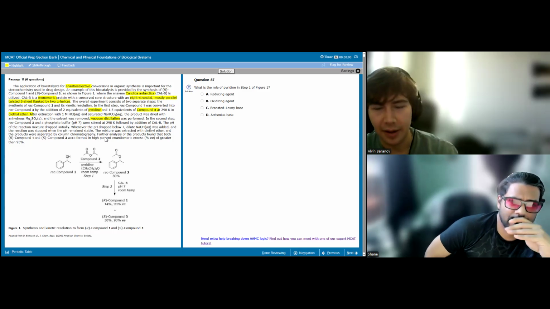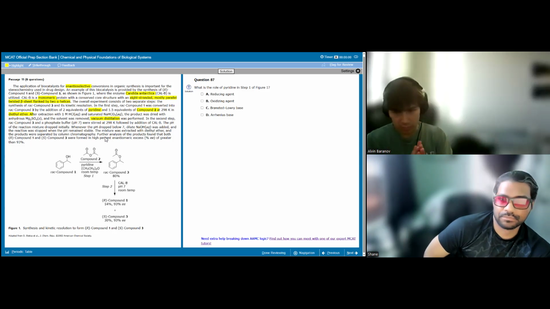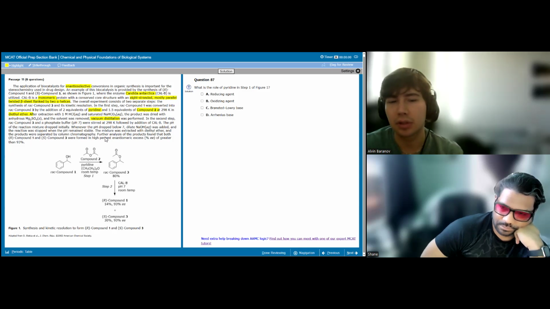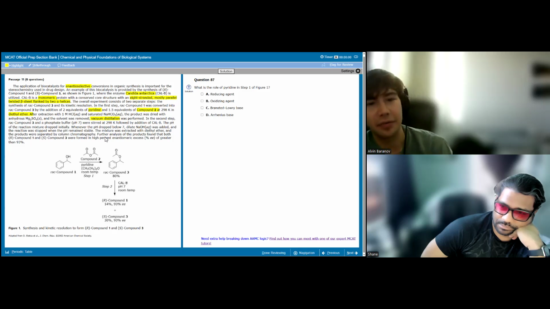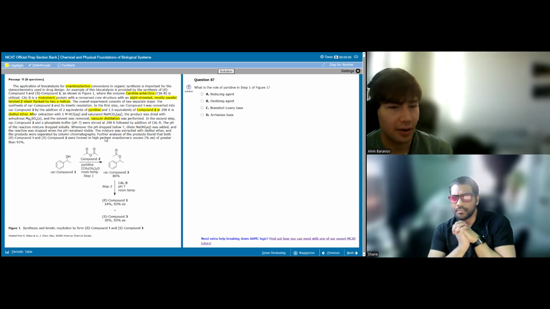So, nitrogen with the lone pair. I'm trying to think here. Honestly, I'm a little confused about what exactly it's going to do here.